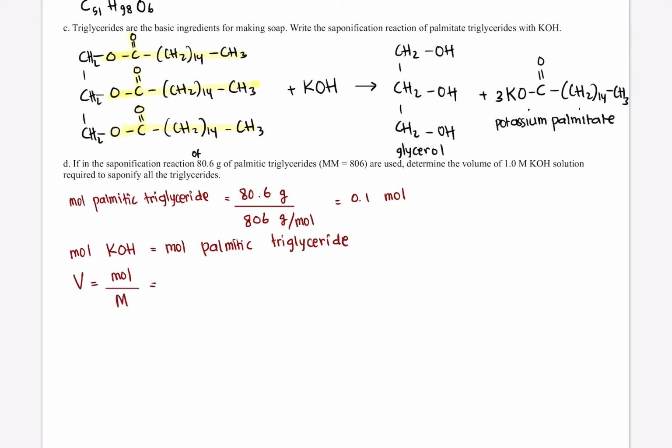So in this case, we have the mole of potassium hydroxide, which is 0.1 mole here, and the molarity of the potassium hydroxide, which is 1.0 molar. So in this case, we have 0.1 liter of potassium hydroxide needed to react with all the available triglyceride.